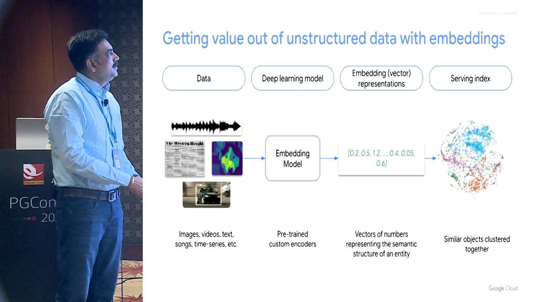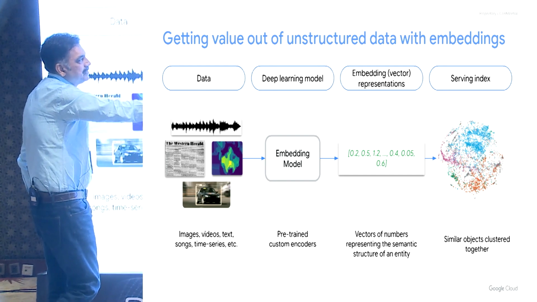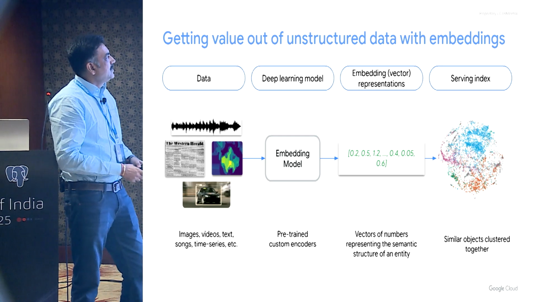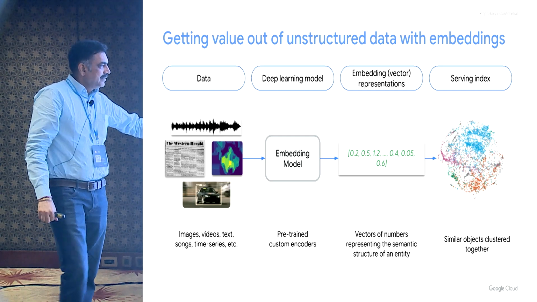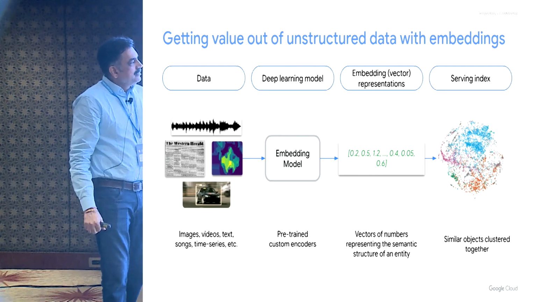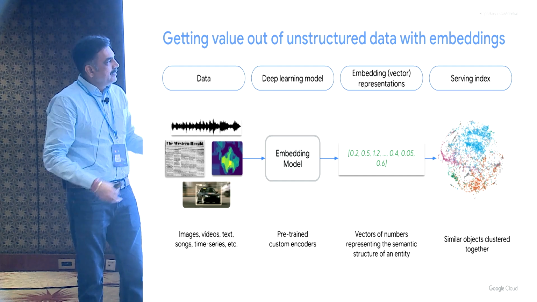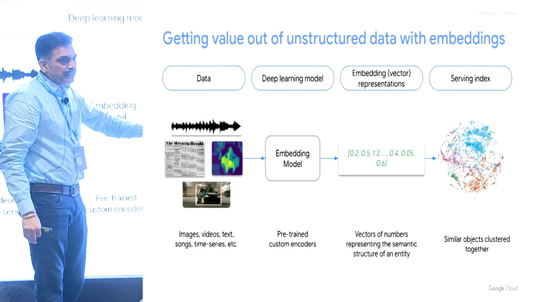Now we are talking today about the right-hand side, which is the serving index. But how do we reach there? You have different files of data, whether it's audio, image, video, or text, any kind of data, and you can give it to an embedding model. You can generate the embeddings in number format, and these will be stored in the vector database.